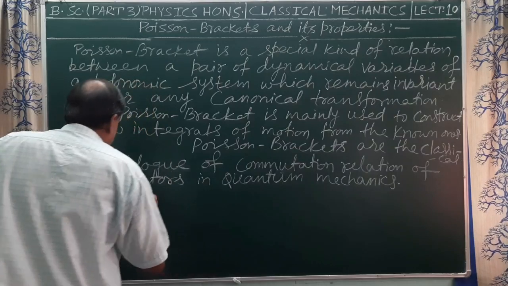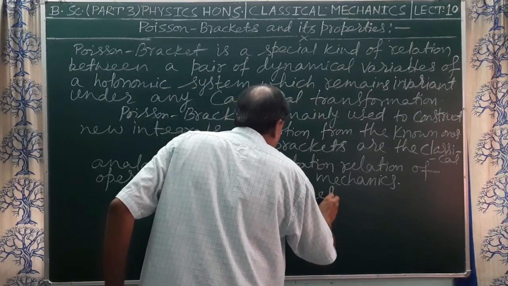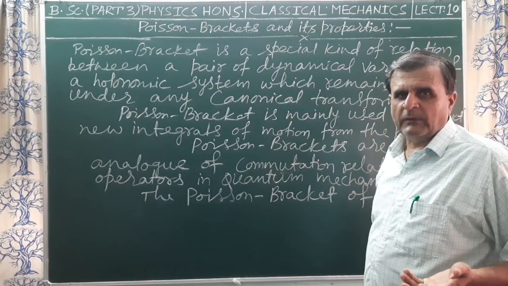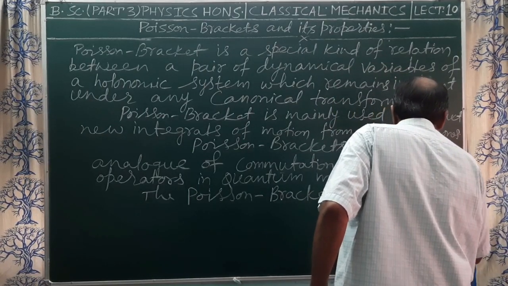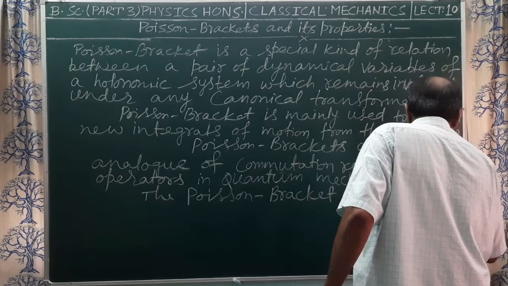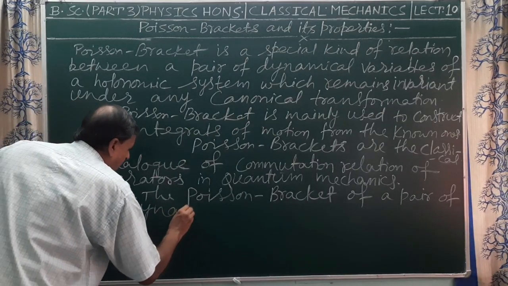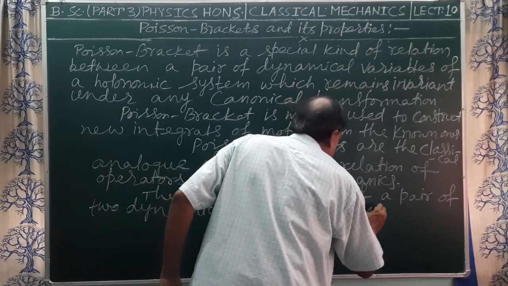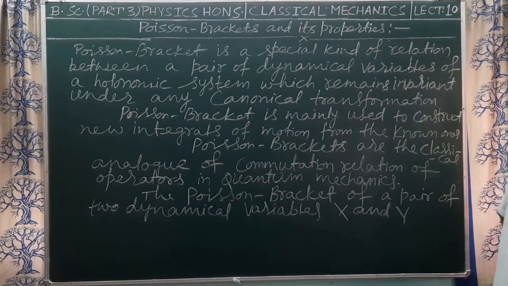So mathematically, the Poisson bracket of a pair of dynamical variables, that means two dynamical variables, say capital X and another variable capital Y. Capital X and capital Y are two dynamical variables.